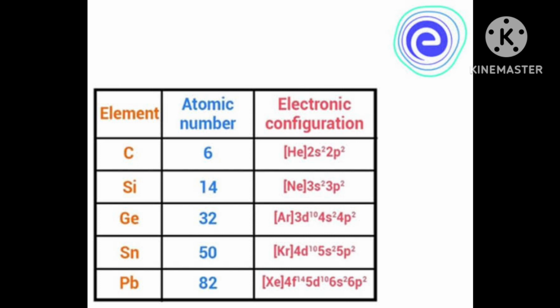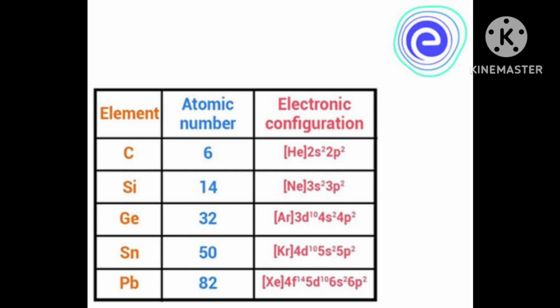Electronegativity means, as we understood earlier, the tendency to attract the electron. Here you can see carbon has the highest value in group 14, 2.5.